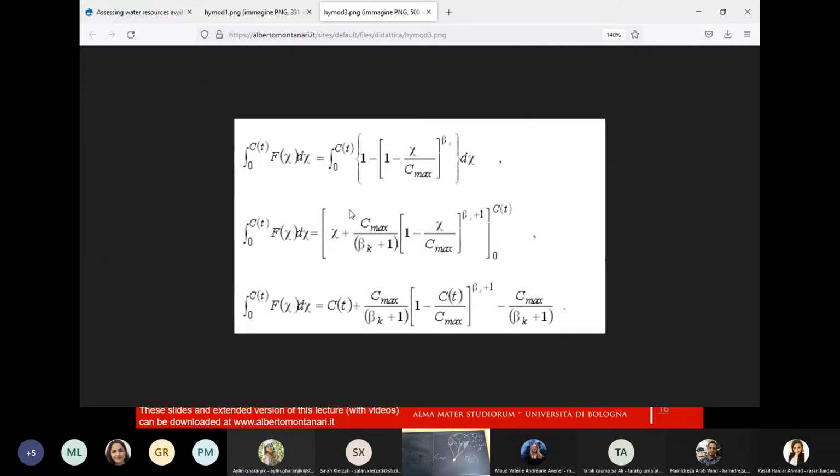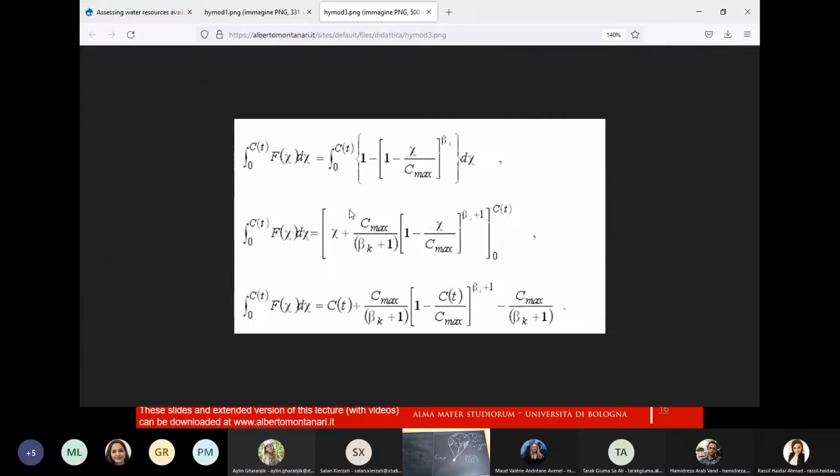And then the minus gives you back the minus sign that is in the first line between the square parentheses, and the C max annihilates with the other C max. The power beta k plus 1 becomes beta k, so you see that if you compute the derivative of the middle line, you get precisely the argument of the integral at the first line.